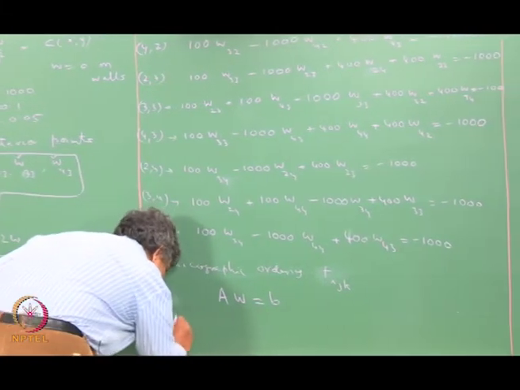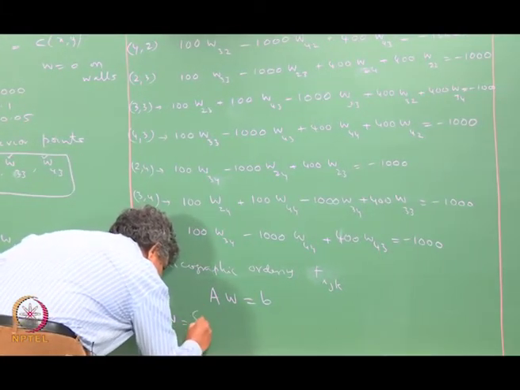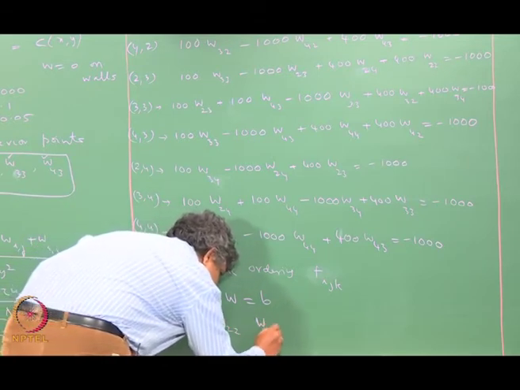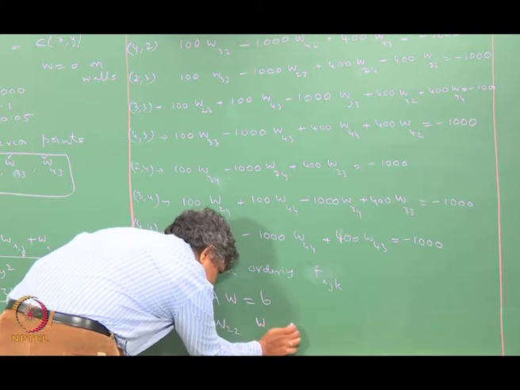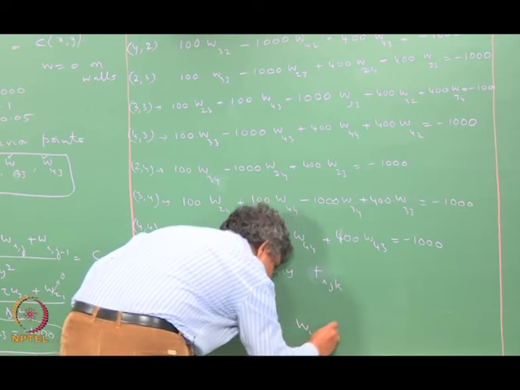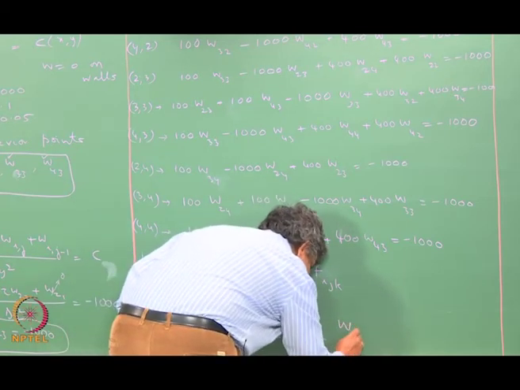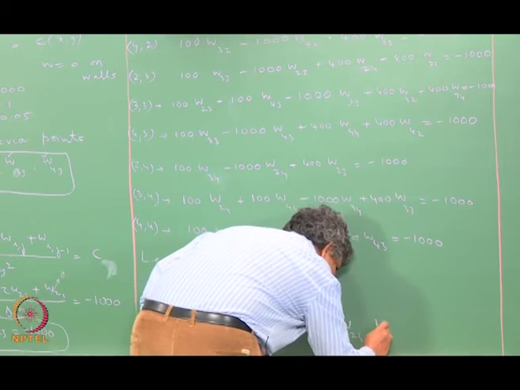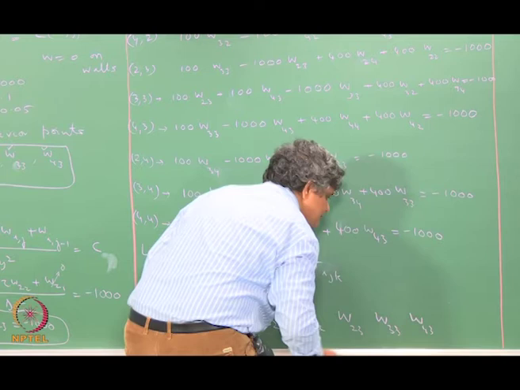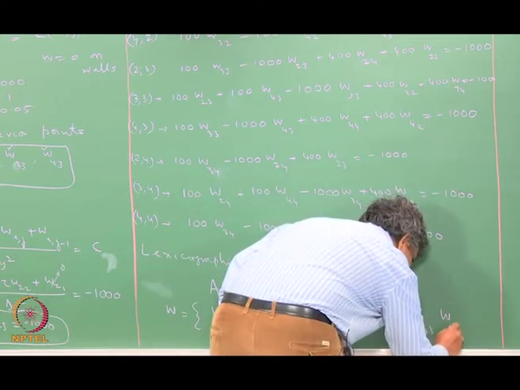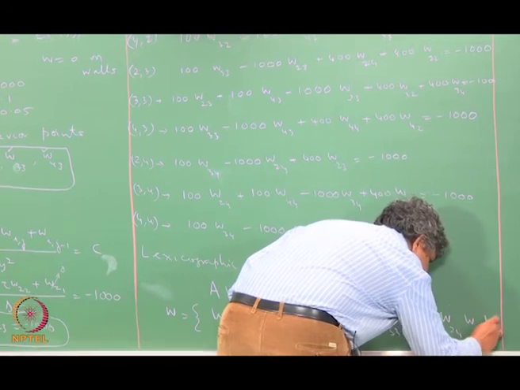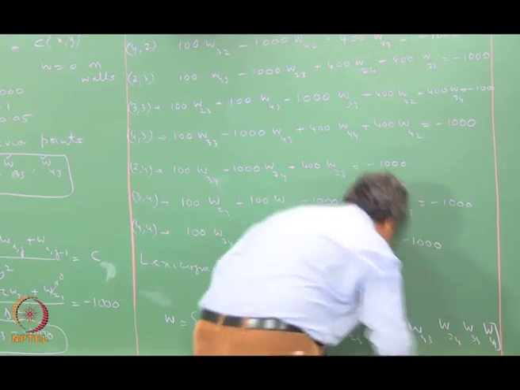So we can say that W consists of W22, W32, W42, and then W23, W33, W43, and then we have W24, W34, W44.